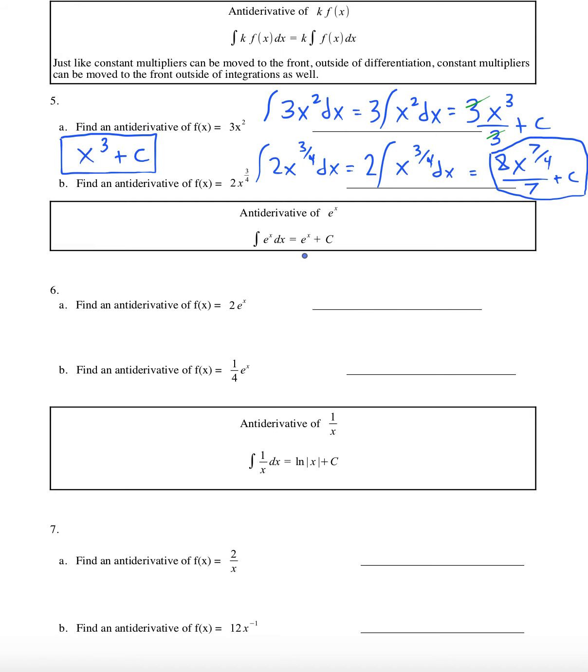So I'm going to try to use this rule to get an antiderivative of 2e to the x. But this also requires that I know the constant multiplier rule too. I have to bring the 2 out front.